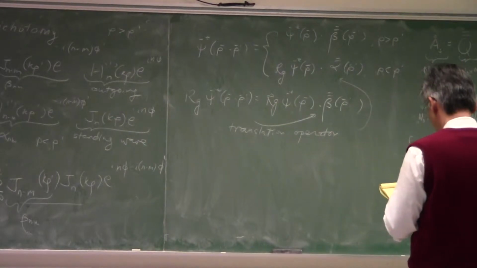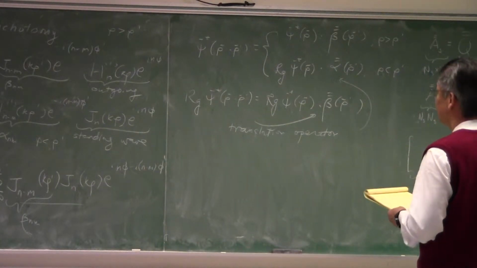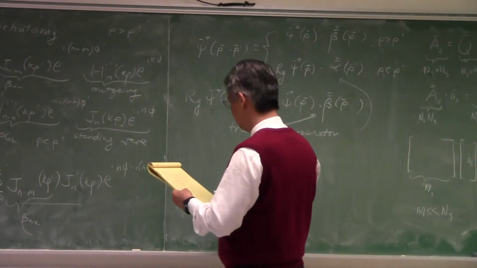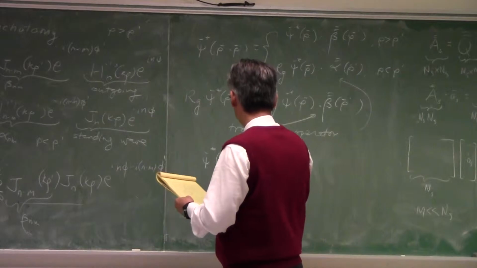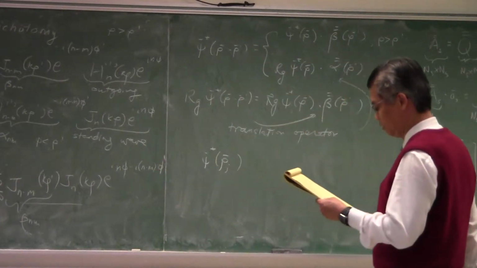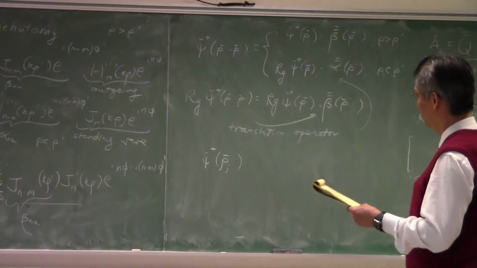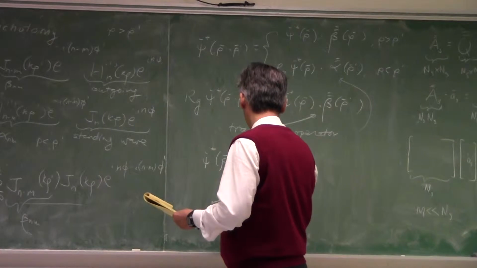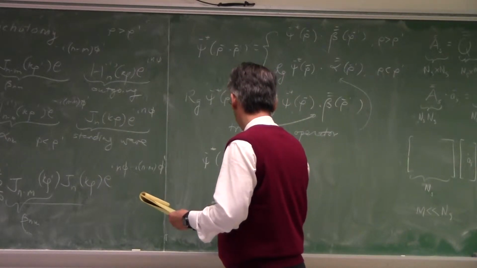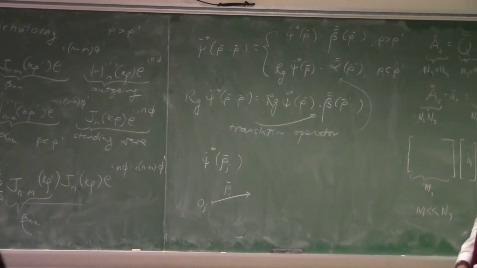So, in order to make this more suggestive, I would rewrite this as an addition theorem with a coordinate system rho sub j, which is a vector emanating from an origin Oj.